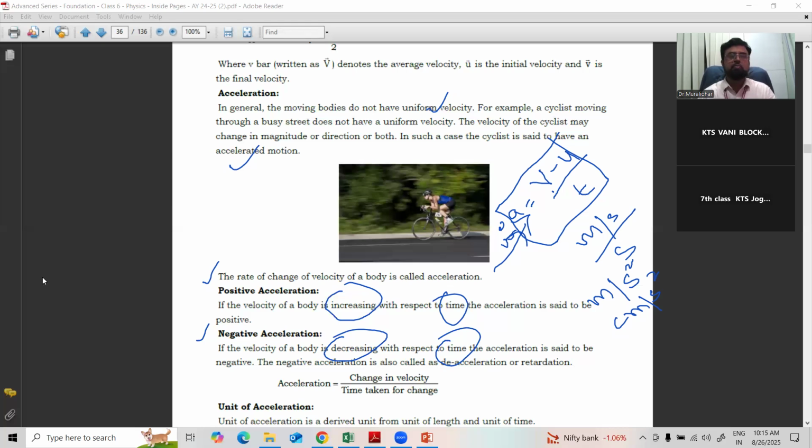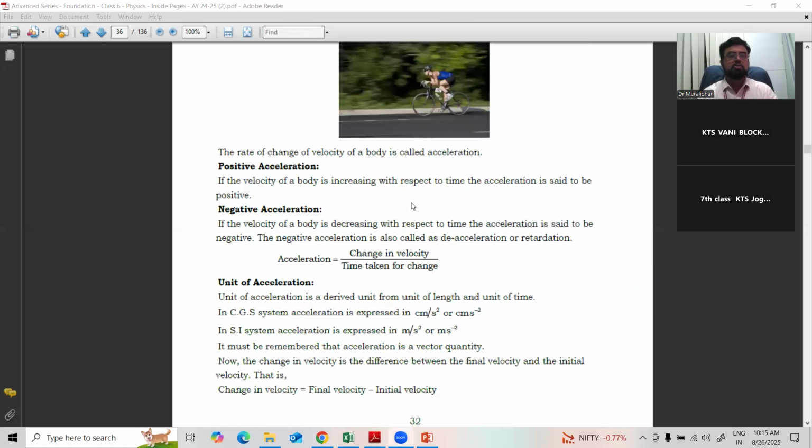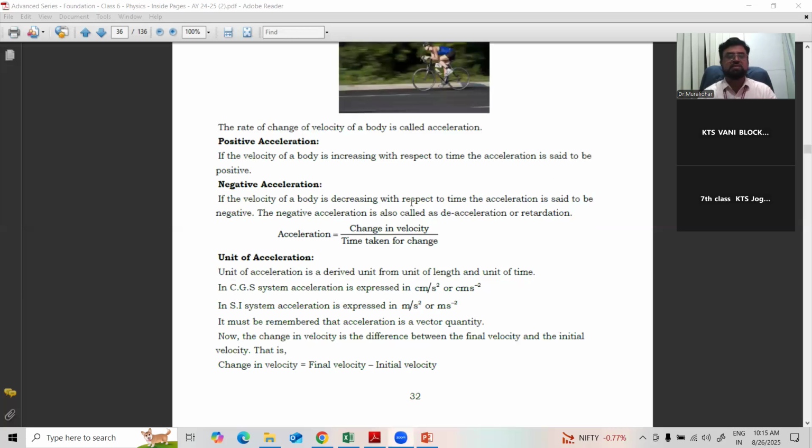So these are the two important terms, which are also connected to distance, speed, velocity, displacement and all. Now the unit of acceleration comes from change in velocity by time taken, that is V minus U by T, the mathematical formula for acceleration. The unit of acceleration is derived from the units of length and time.